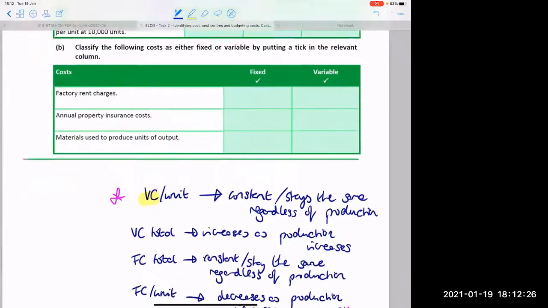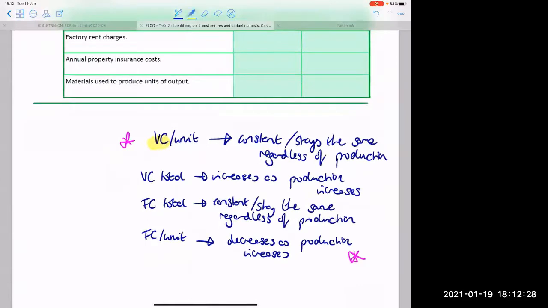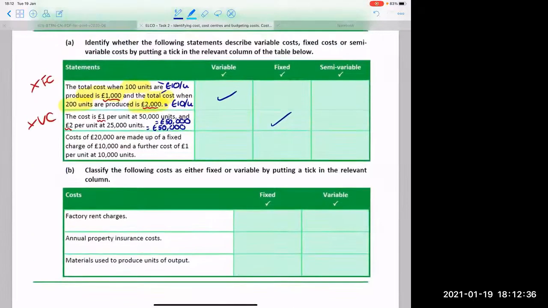And if we look back to the summary, we said fixed cost per unit decreases as production increases. We can see that that is what's happened, isn't it? When I make 25,000 units, it's costing me £2 each. When production's gone up to 50,000 units, cost per unit's gone down to £1 each.